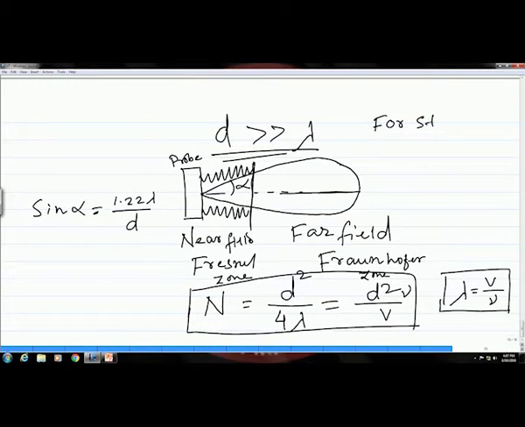So, let us say for steel, if you see these values at a particular frequency of, let us say, 1 megahertz. Okay.